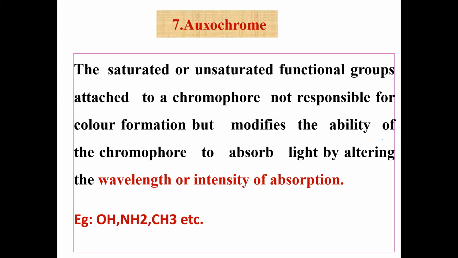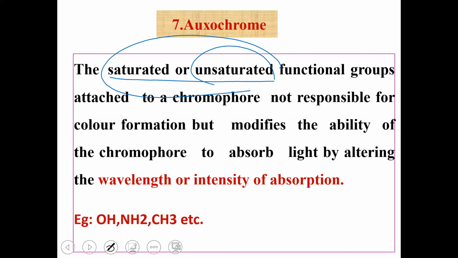And that's about oxochrome. So oxochrome, you can now differentiate. I said chromophores are only unsaturated, but oxochromes can be saturated or unsaturated, because you may get questions listing some 4 choices of different groups, saturated and unsaturated, and you have to identify whether it is chromophore or oxochrome. So in that part, this knowledge will help you.